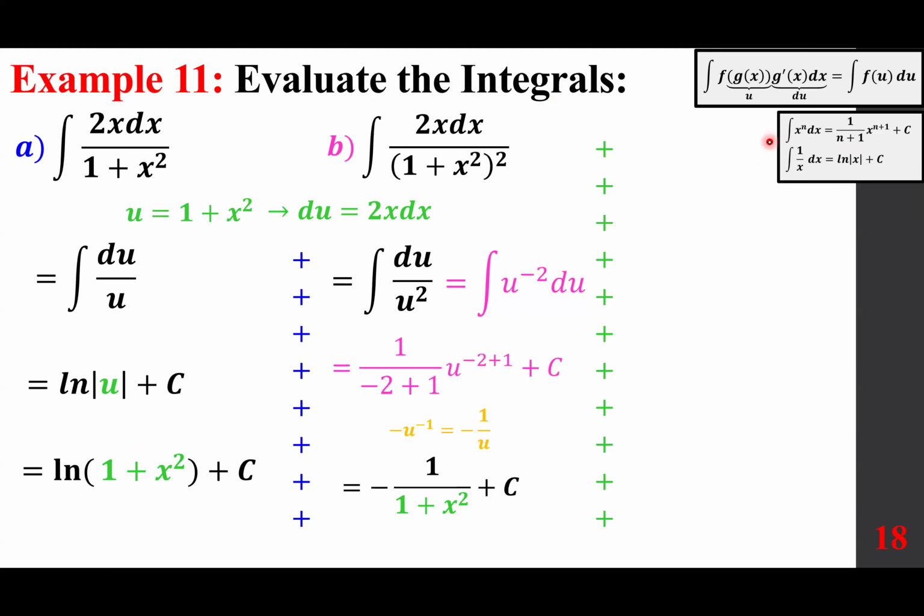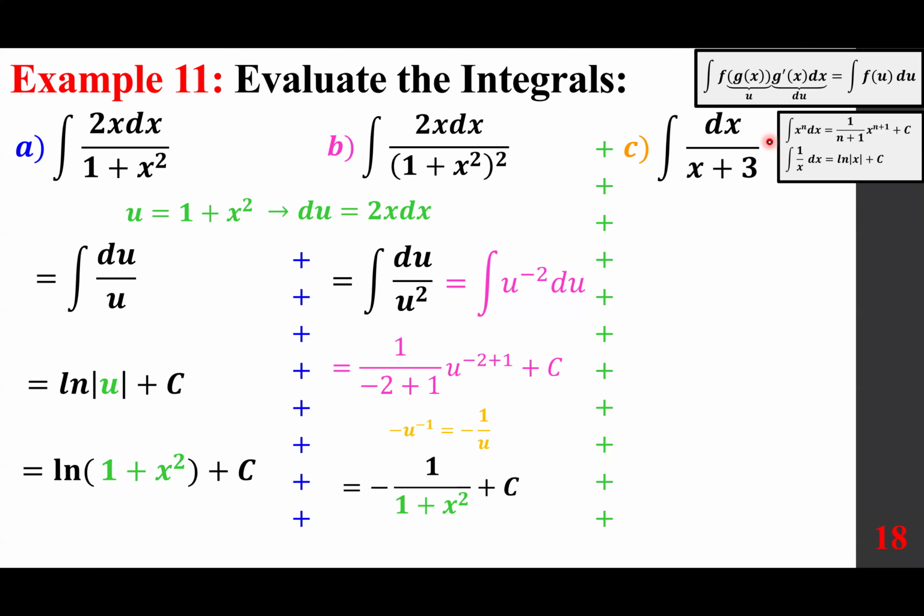So it won't be a natural log. This question, some of you will just learn this in the future, at least that you can easily see the answer, but for now, definitely surely use u substitution.